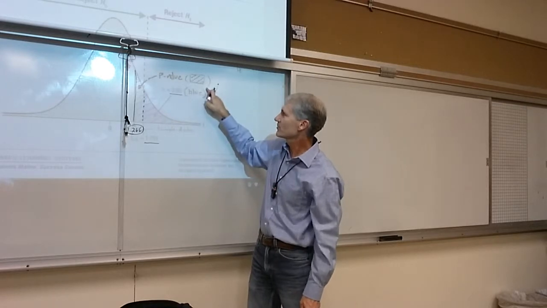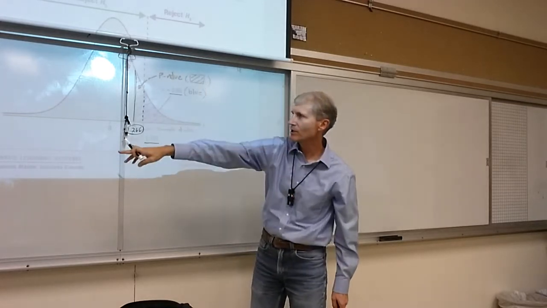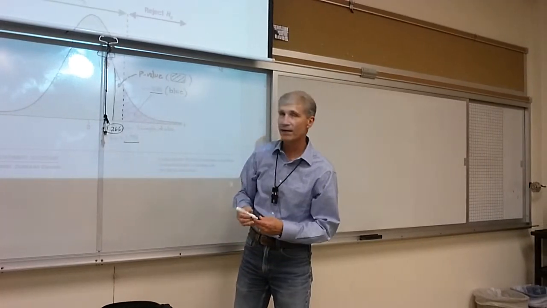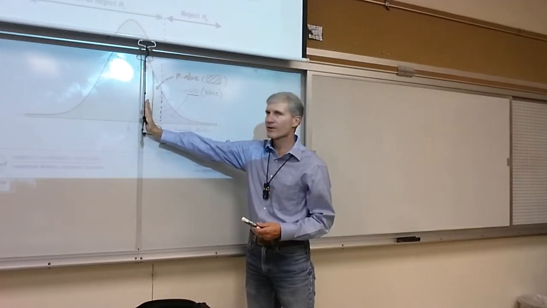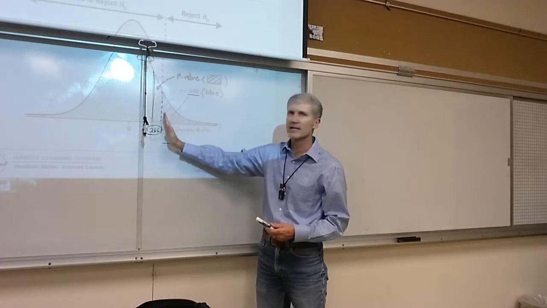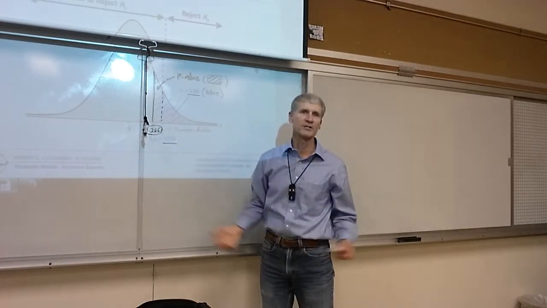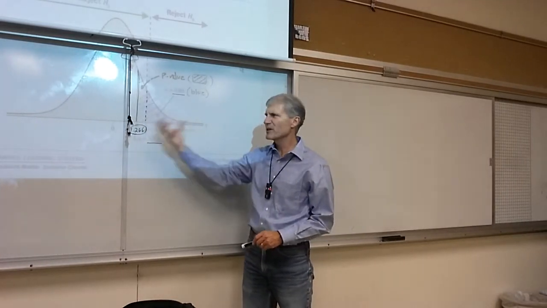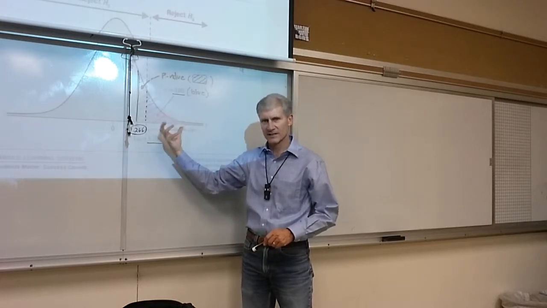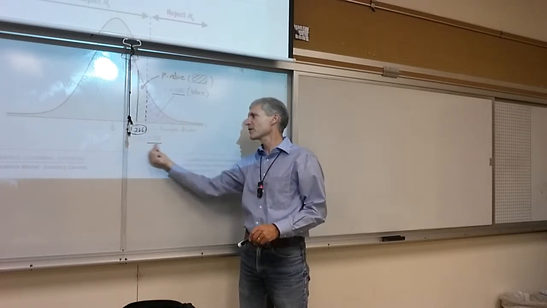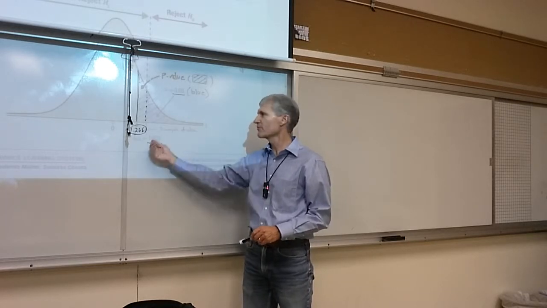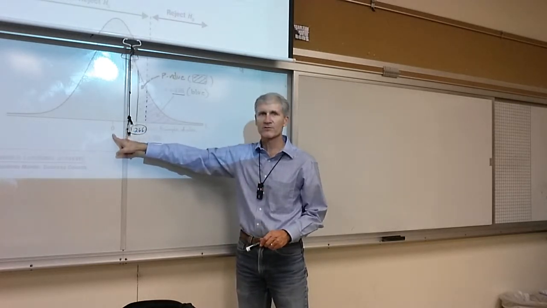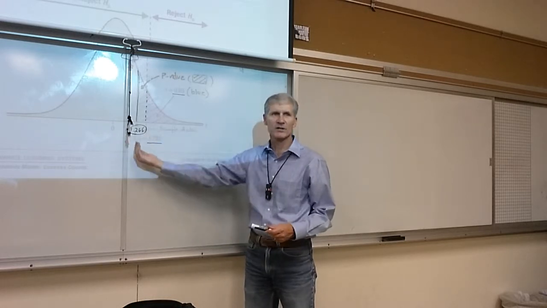And that's the shaded region, and that's equal to 0.1079. Since the shaded region for our data is bigger than the shaded region for alpha, we fail to reject the null. So all the p-value is, and all alpha is telling me, are you far enough out in the tail to reject the null? Did you get far enough away from the null difference of 0? And here, the answer is no, we didn't really get far enough out.